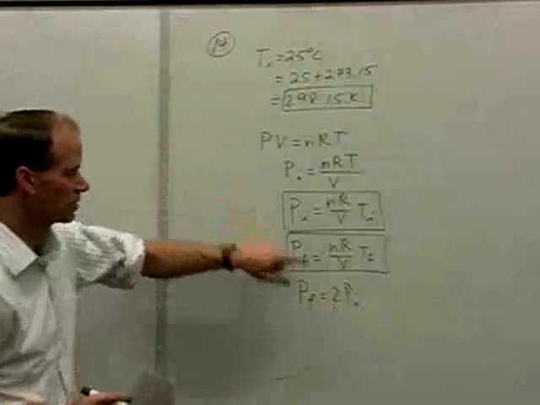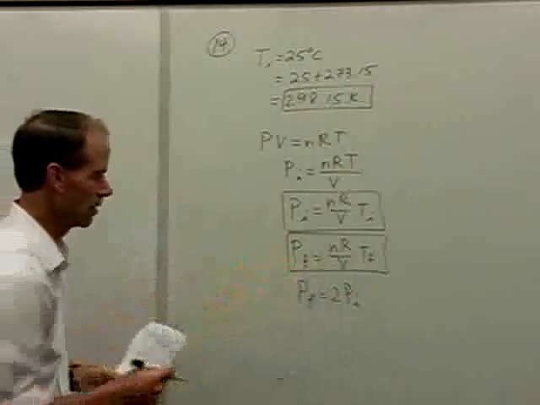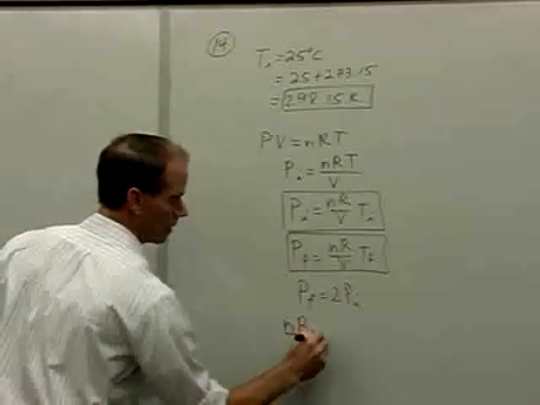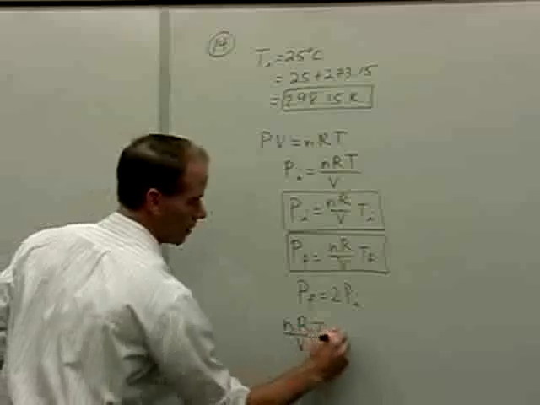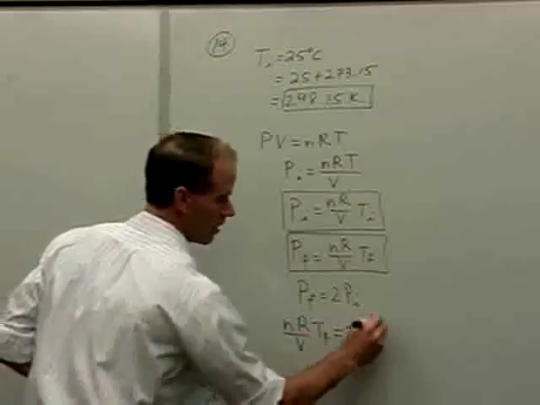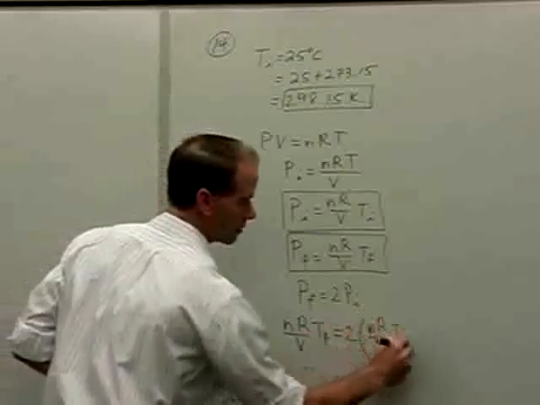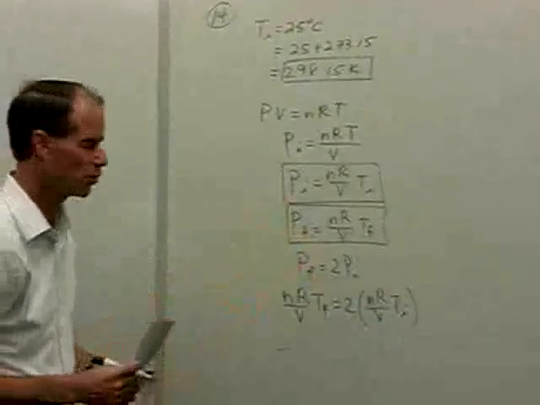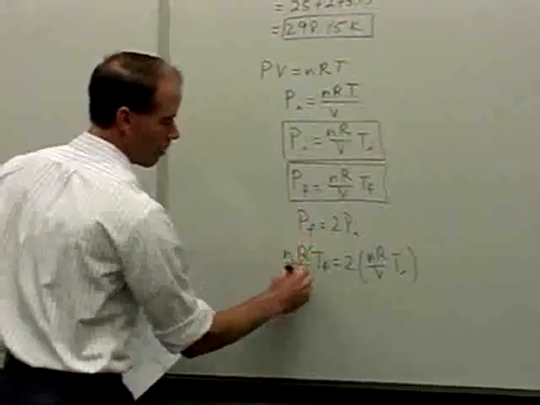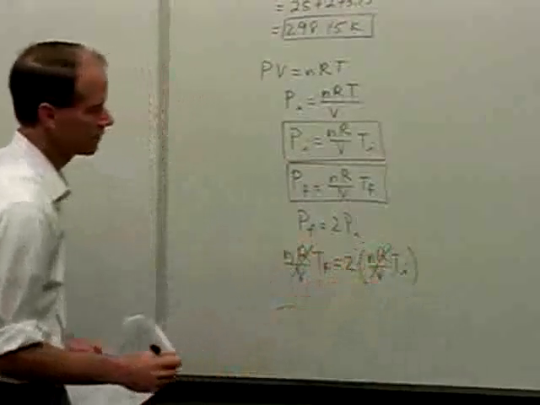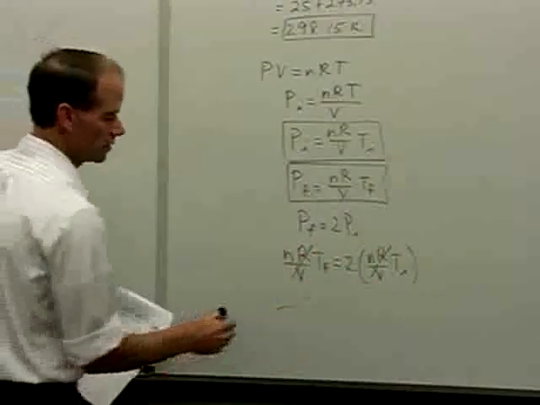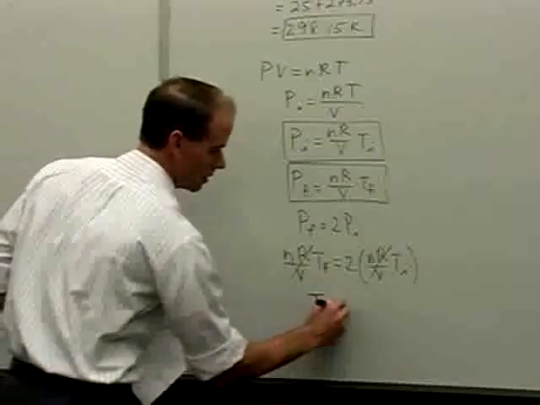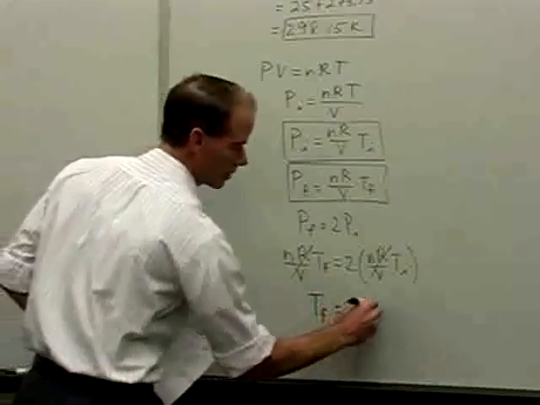If I use this expression here, and this one in here, I would have nR over V times final temperature equals 2 times nR over V times initial temperature, just substituting in for these two pressures. The nR over V will cancel on both sides because they're the same values. And we have that our final temperature is twice our initial temperature.